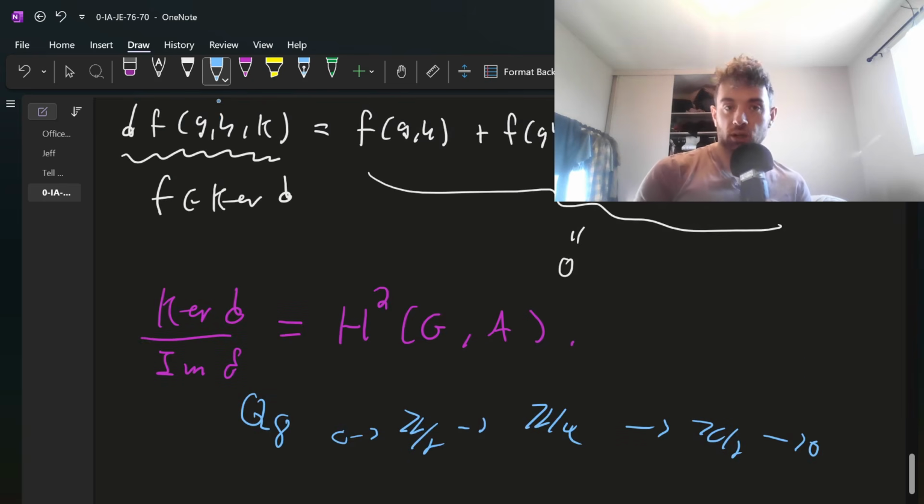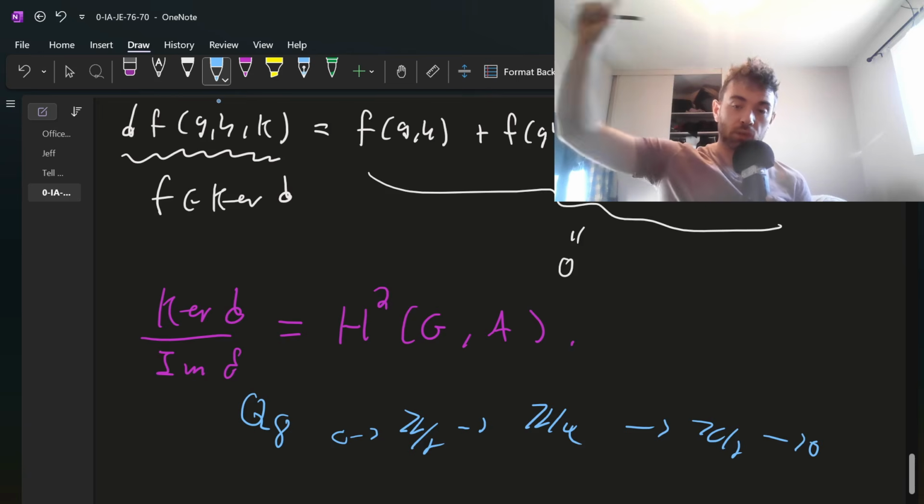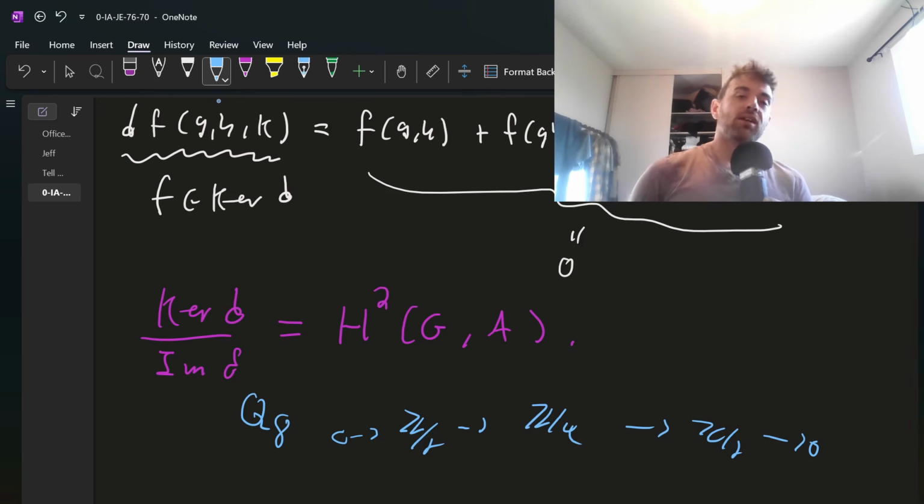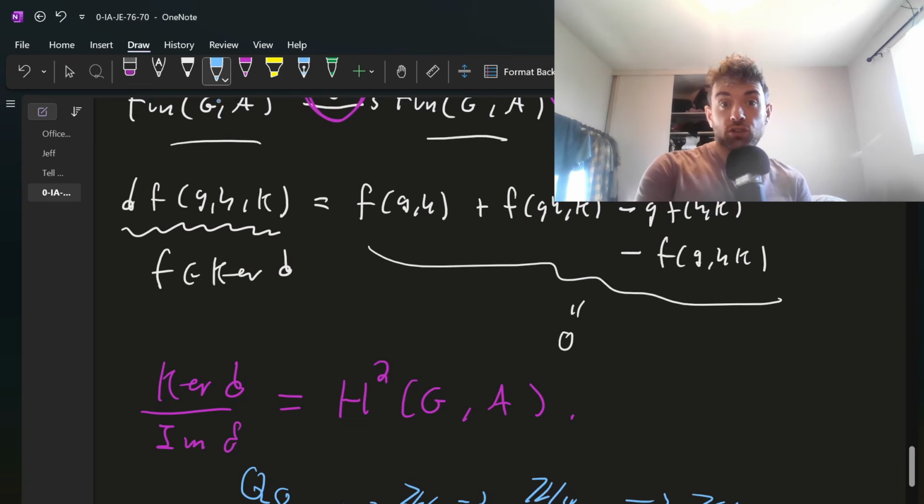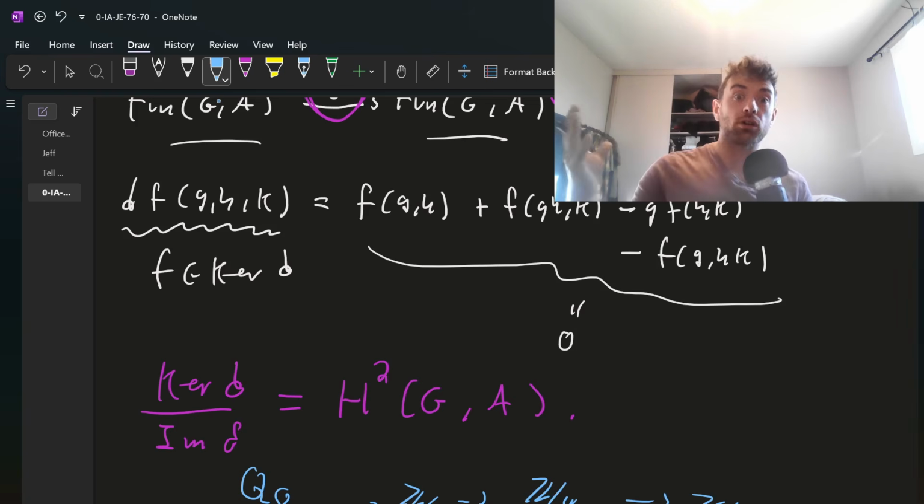So I think it's about time we come back down to earth with some concrete examples, and then we will probably ramp up the abstraction again to see, well, this is the second cohomology group. So what's the first cohomology group? And start taking a look at the broader theory that this all falls into.